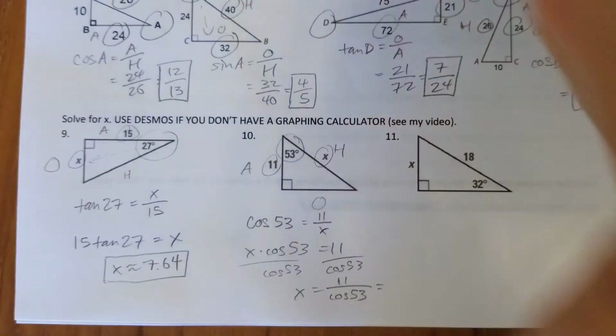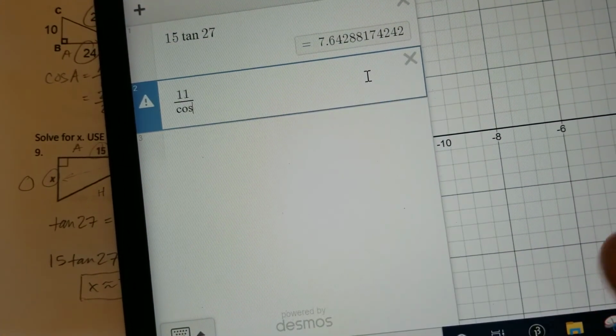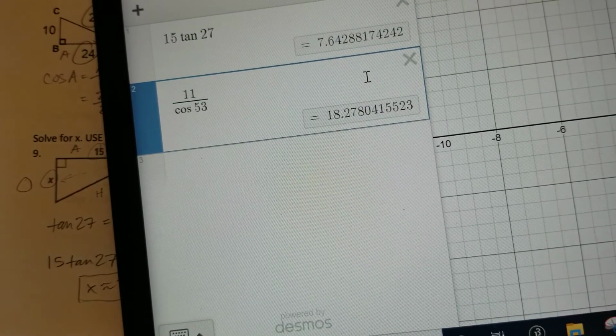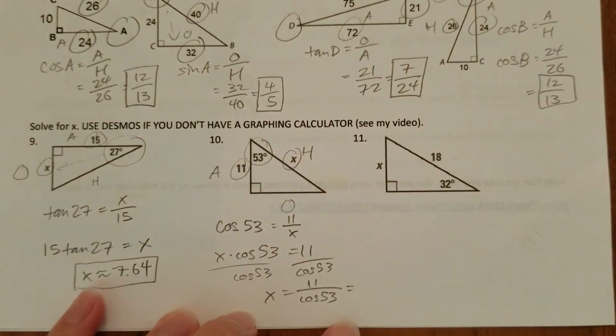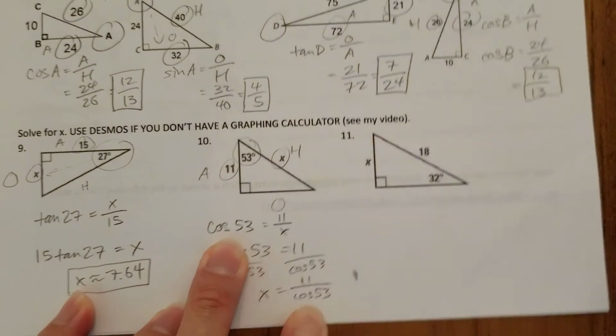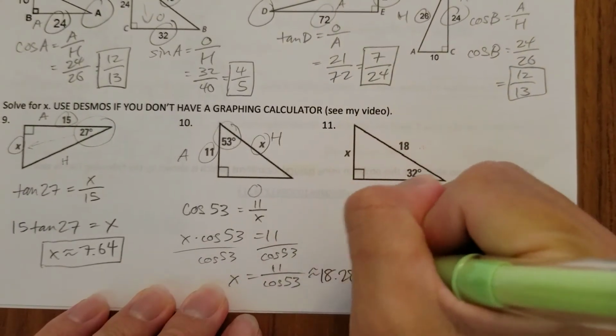If I type that in so you can see it, 11 divided by cosine 53 is about 18.28. So x is approximately 18.28.